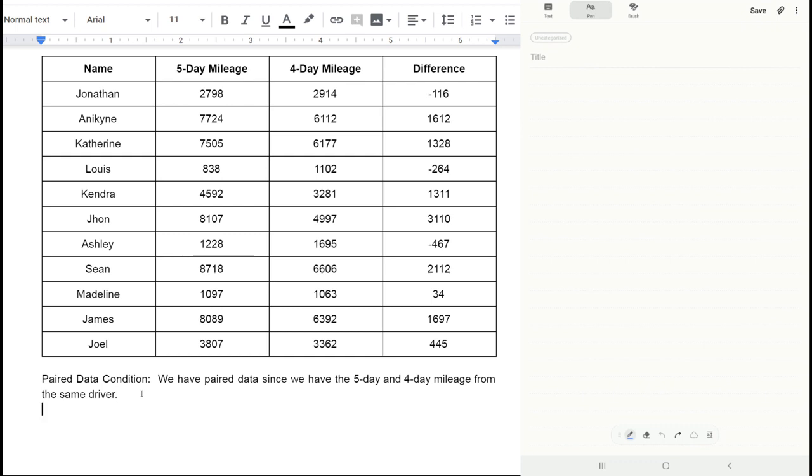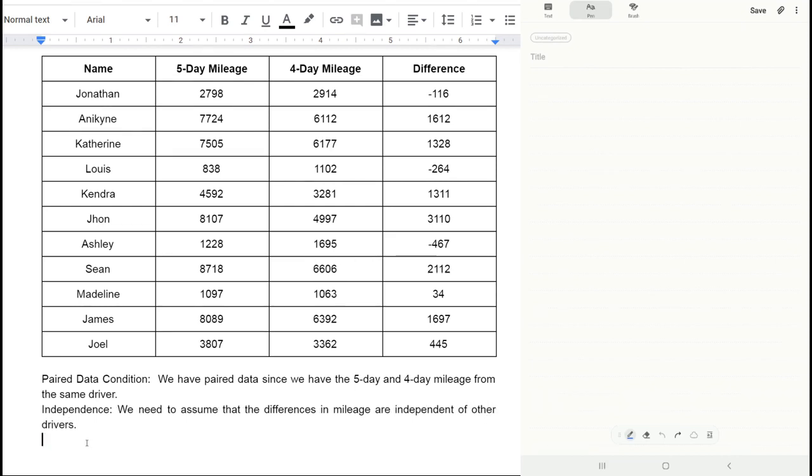And now the other assumption is the independence assumption. We need to assume that the differences in mileage are independent of other drivers.